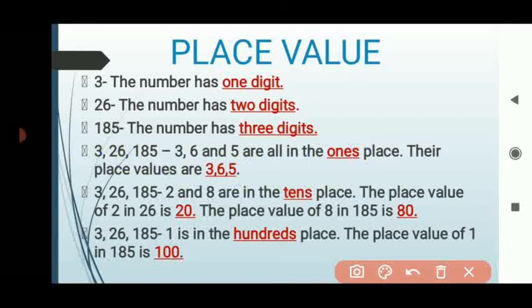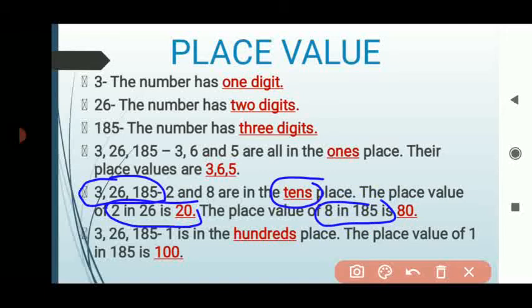Now let us see in the numbers 3, 26, 185. What is the place value of 2 and 8? It is at the tens place. So the place value of 2 in 26 is 20. And the place value of 8 in 185 will be 80.